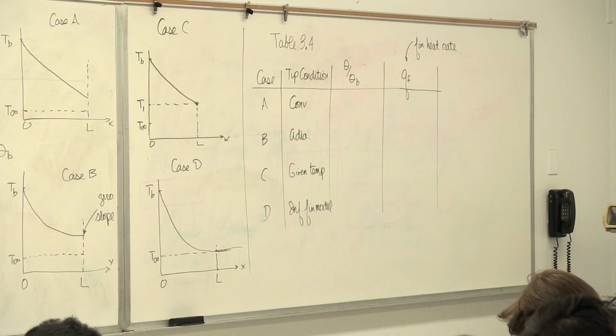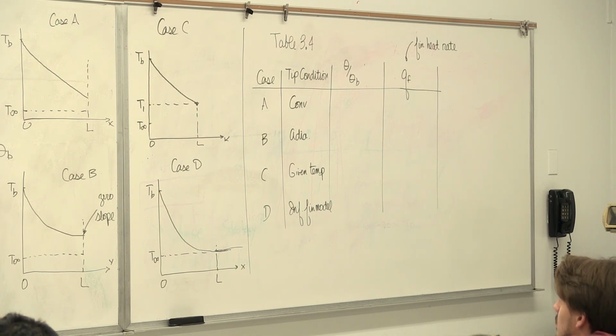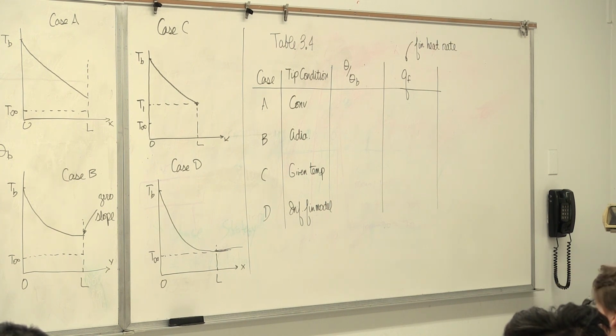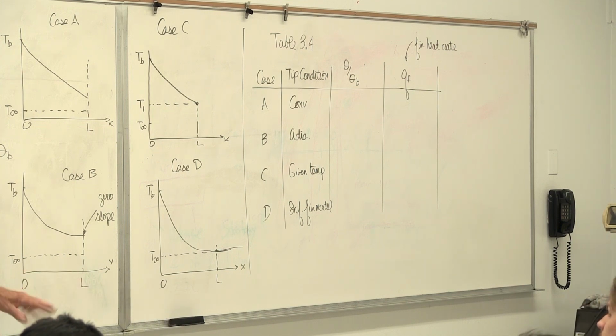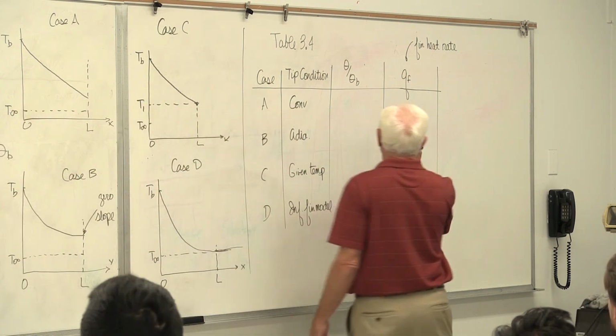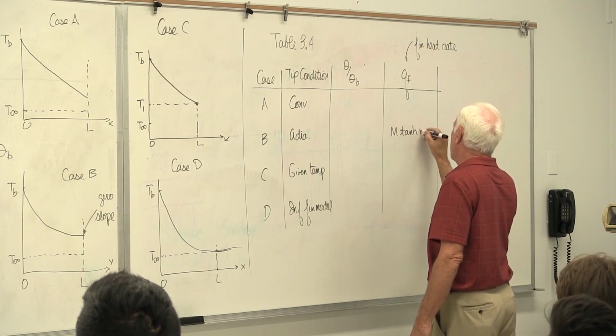I'll give you an example. Table 3-4. Okay, I'll take the adiabatic. It's kind of easy. M times hyperbolic tangent mL. Adiabatic: M tanh mL.